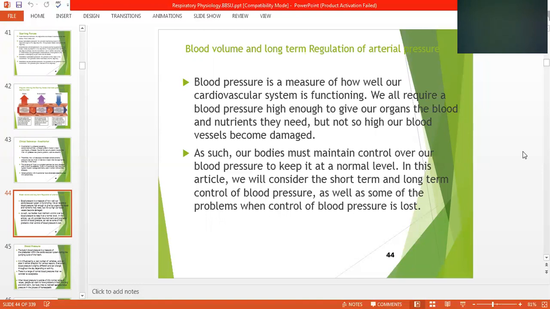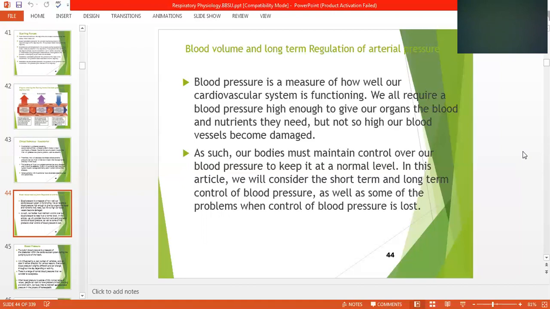Blood volume and long-term regulation of the arterial pressure. Blood pressure is a measure of how well our cardiovascular system is functioning, meaning how our heart is functioning, and what is the condition of our blood vessels. We all require a blood pressure high enough to give our organs the blood and nutrients they need, but not so high that our vessels become damaged.